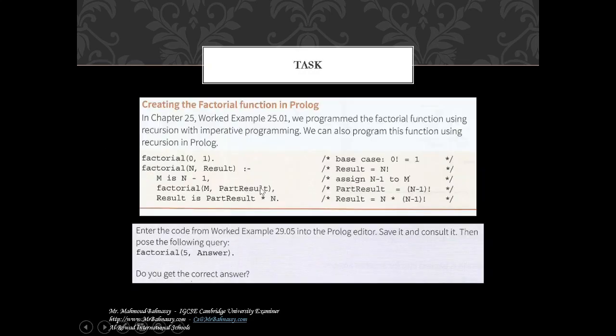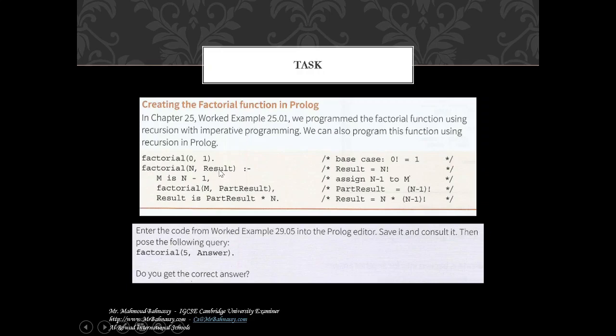So let's consider this task to become familiar with recursion in Prolog. Here we have, you remember, the factorial n that we did in the imperative programming language. We're going to do the same in Prolog, the factorial n. So factorial 0, comma 1, that means this is the base case. We have to start with the base case, and it means that 1 is equal to factorial 0. When we go down here, this is factorial n, result.